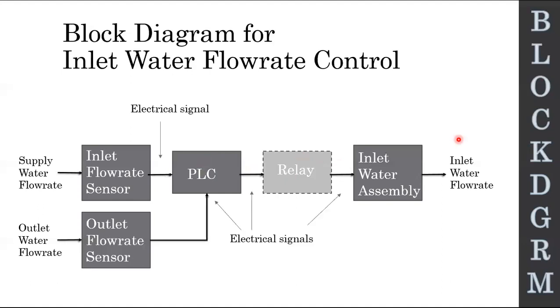And determining the signals, of course, by now siguro hindi na kayo nalilito, no? Ang sensor natin, transducer yan, it converts flow rate signal into electrical signal. Ganon din dito, flow rate signal to electrical. Ang output ng PLC, of course, electrical signal. Ang output ng relay is electrical signal.